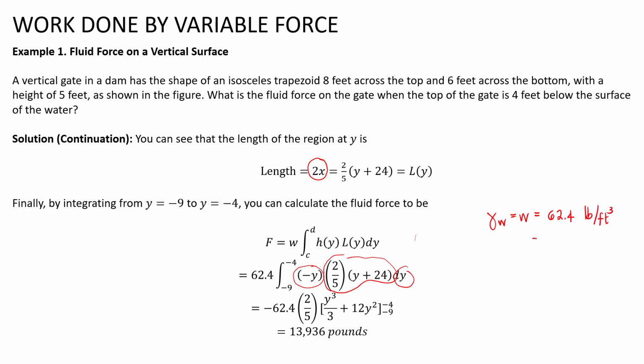In the metric system, that will be 9.81 kilonewton per cubic meter or 9,810 newton per cubic meter. Or in kilograms, this one is 1,000 kilograms per cubic meter, or in grams, that is 1 gram per cubic centimeter.